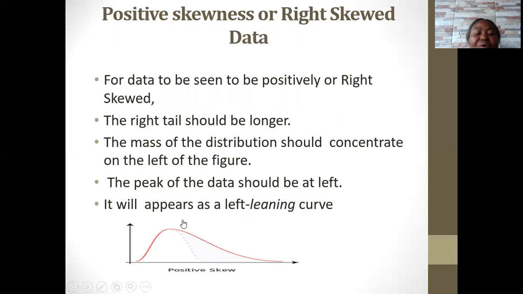The peak of the data should be at the left, and the figure that is given rise to by plotting the data will appear as a left-leaning curve. Even though it's a left-leaning curve, it shows positive skewness or right-skewed data.